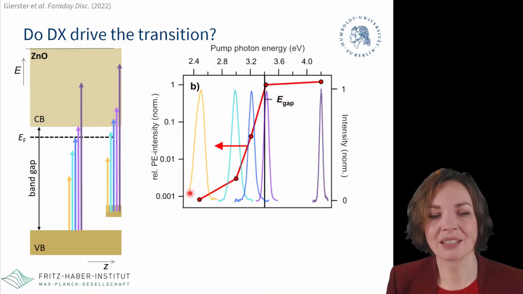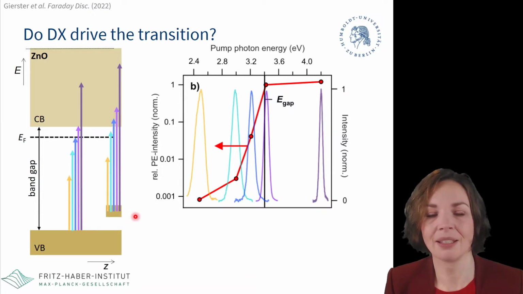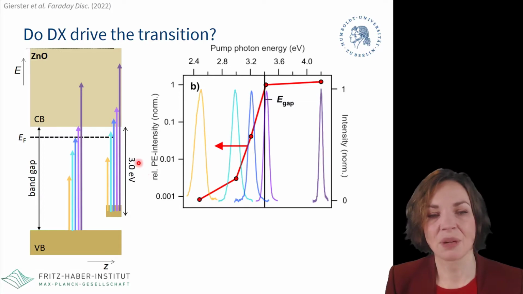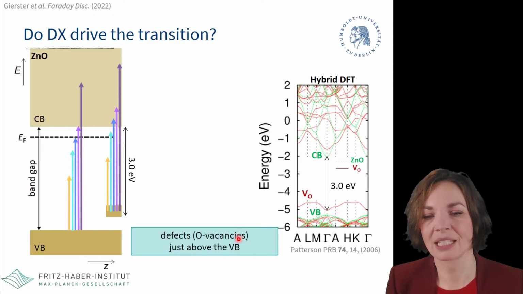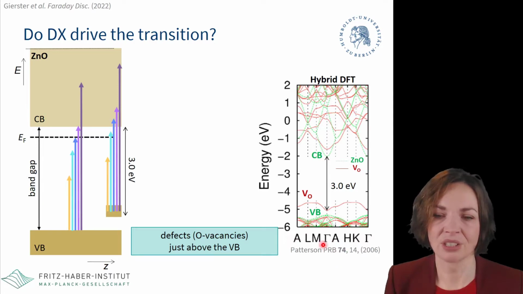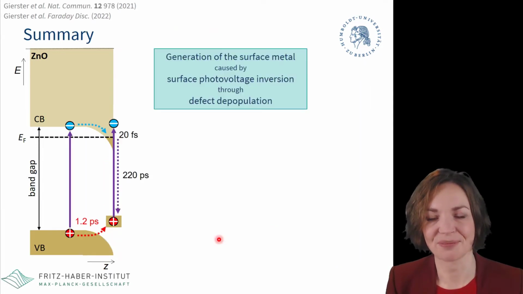And this means that these defect levels must lie very deeply in the band gap of zinc oxide. Actually, it must be 3 electron volts between the conduction band and these defect levels. And this is, surprise, surprise, coinciding with the energy difference for the oxygen vacancy according to hybrid DFT calculations.